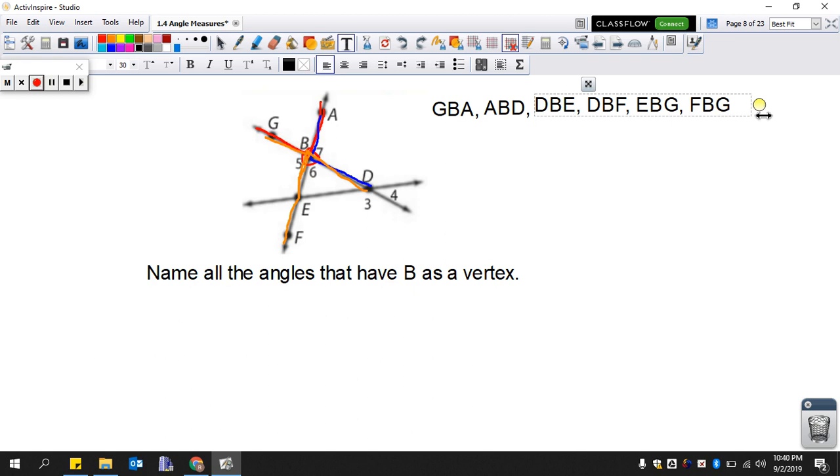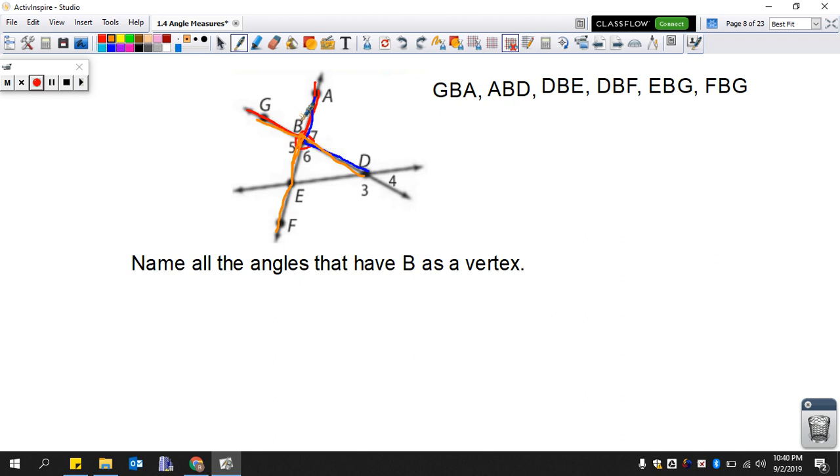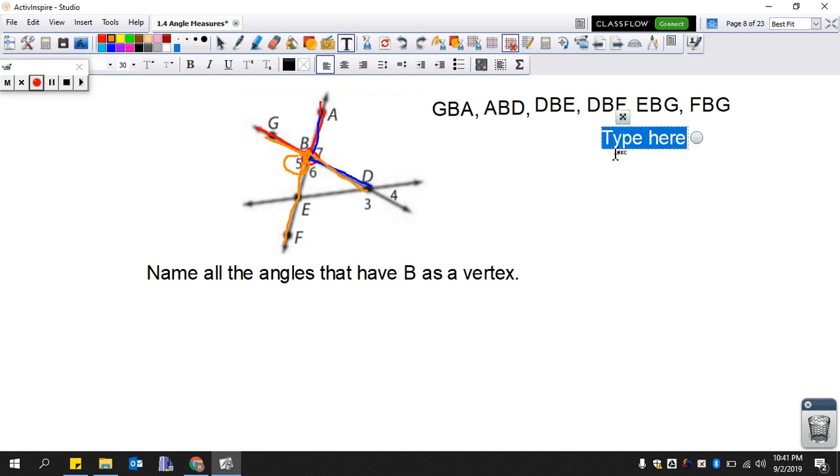And then we have the angles that are just named by their numbers. So E or FBG, this angle right here, could be angle 5. So that's angle 5.